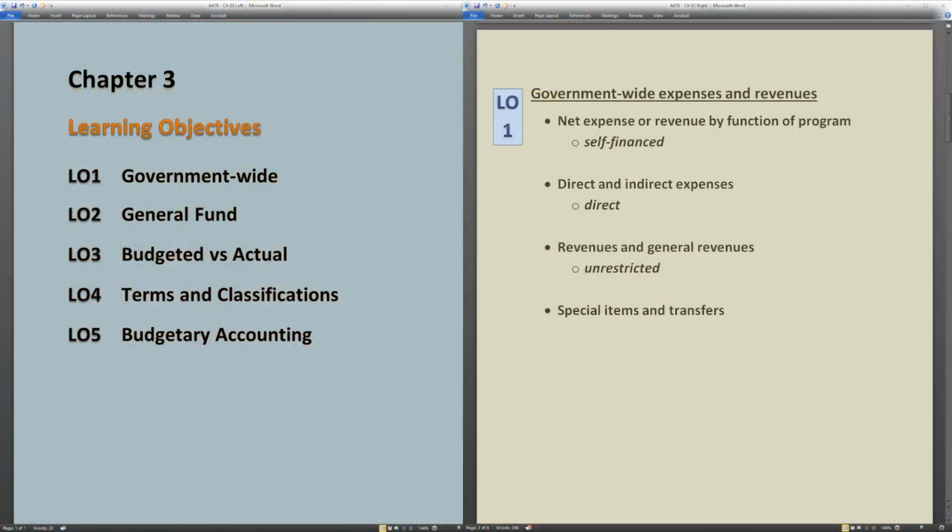Here we have our learning objectives, and we're going to be talking first about government-wide expenses and revenues. I just want to point out that we're doing it slightly different this week. This was at some students' request that I provide the outline ahead of time with some fill in the blanks and also the questions at the end.